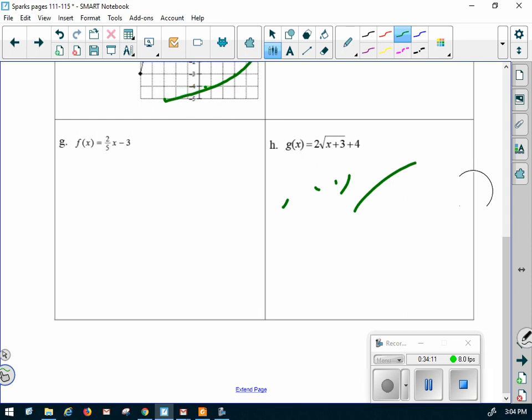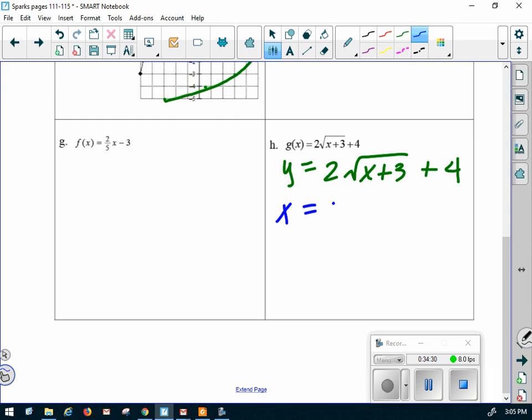So let's find the inverse. If you know how to do it, get after it. I'm just going to talk through it, and if you want to listen, fine. If you don't, that's fine too. I'm going to switch x and y because the domain and the range swap.